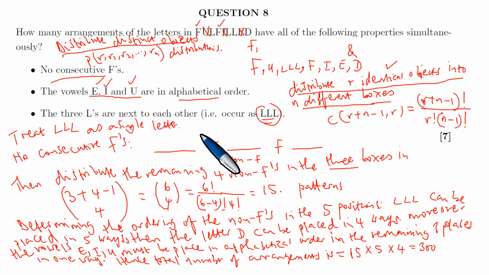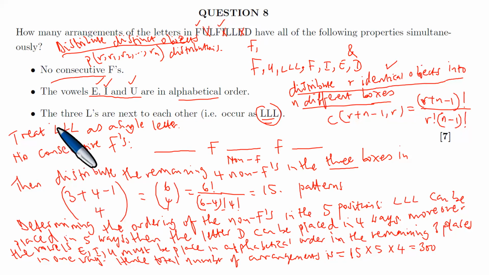So we are removing the Fs out of the picture, and we are dealing with the remaining objects. And you are saying obviously the vowels E, I, and U are in alphabetical order. Right. So if they're in alphabetical order, they can be obviously ordered alphabetically.